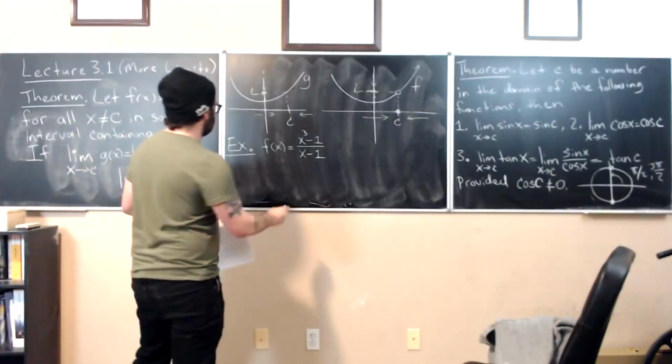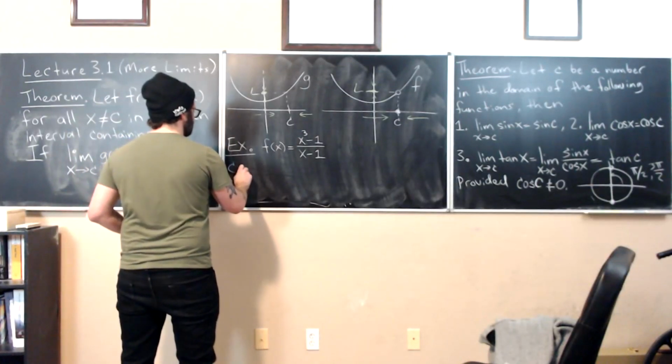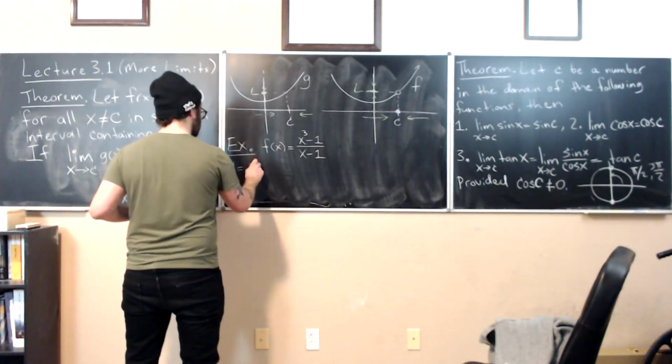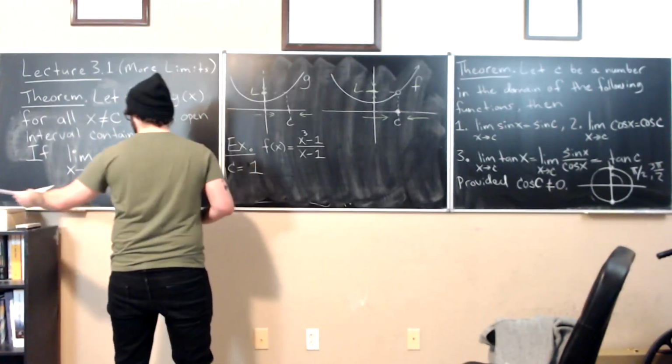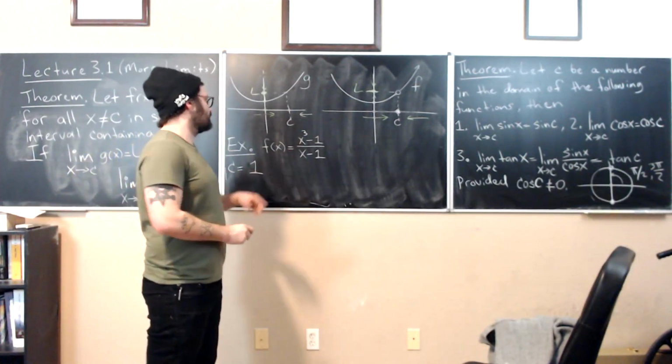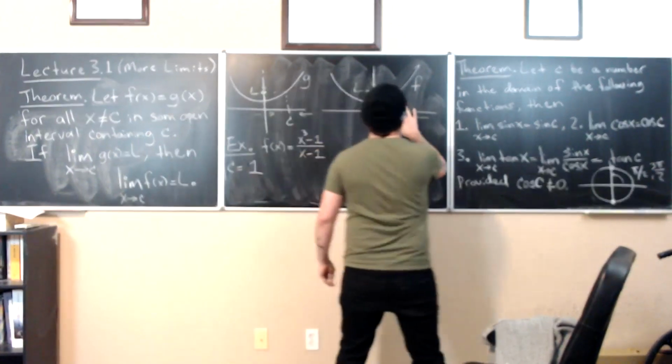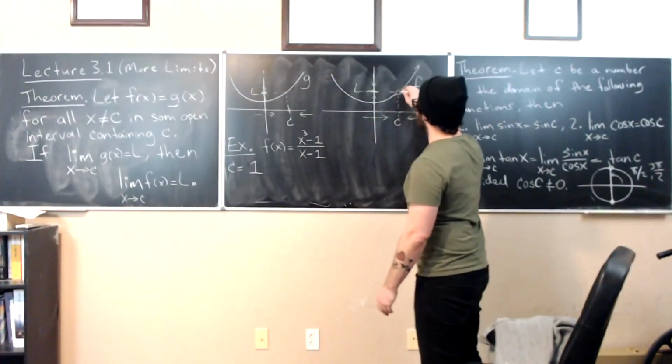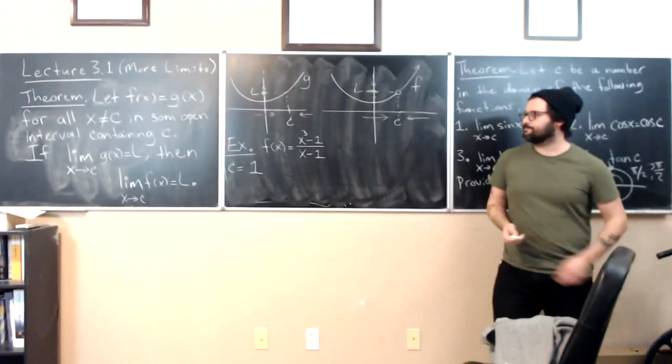And then say that c is equal to 1. In this case, f is not defined at x equals 1, which means that there would be a little hole right there in the graph of f.